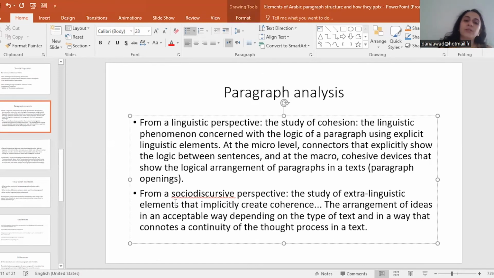So from a socio-discursive perspective, the element of coherence is more implicit, and it is more cultural and social. There are more cultural and social implications in the creation of coherence. So the arrangement of ideas in an acceptable way, depending on the type of text, and in a way that connotes a continuity of the thought process in the text.